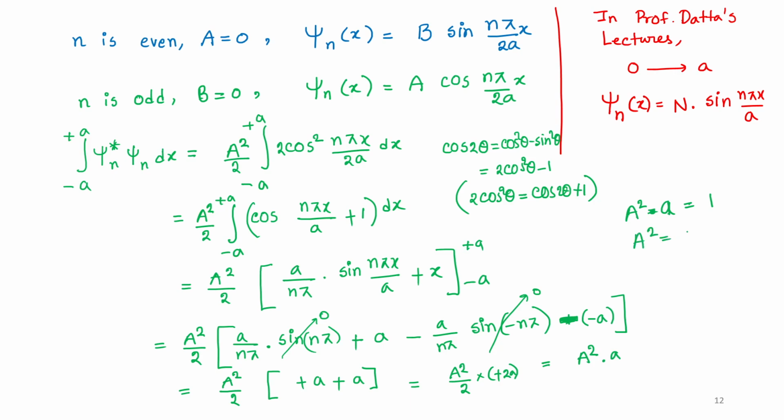So a square is 1 by a. So the a I am going to get is 1 by a to the power half. So this is my normalization constant. Okay. So when you work with this b sin x part, you are also going to get the same normalization constant. Okay, believe me for now.